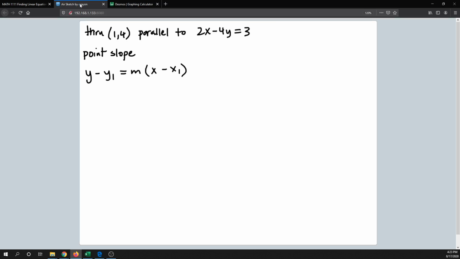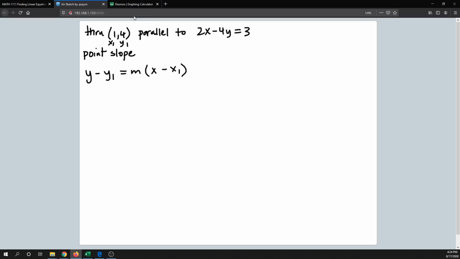And that is for a point x1, y1 that's on the line and where m is the slope. So we are given a point on the line. They tell us that the point 1, 4 is on the line. So you can use this as x1, y1.